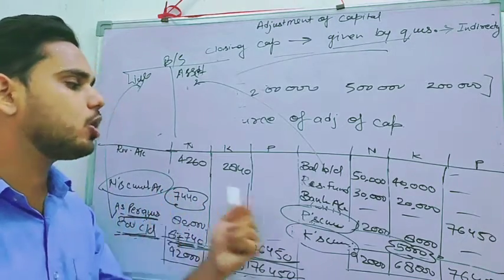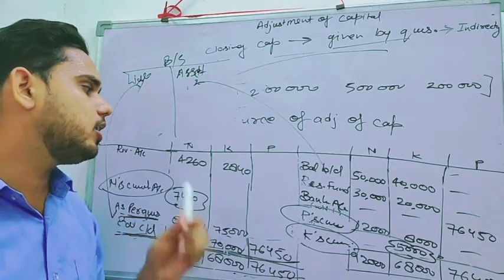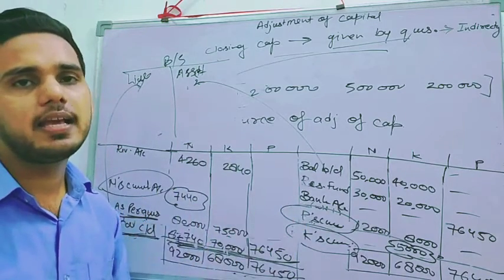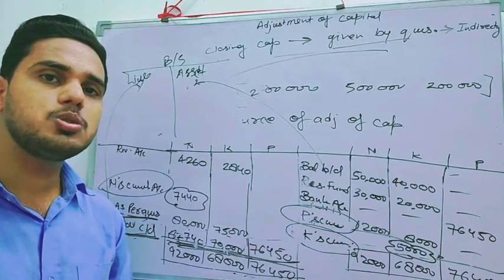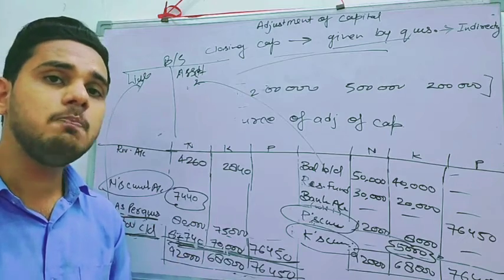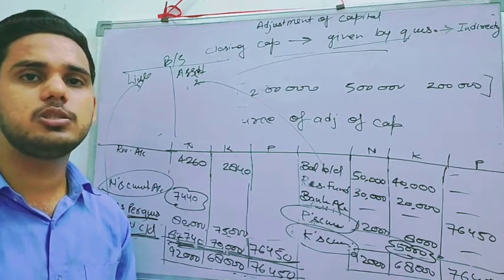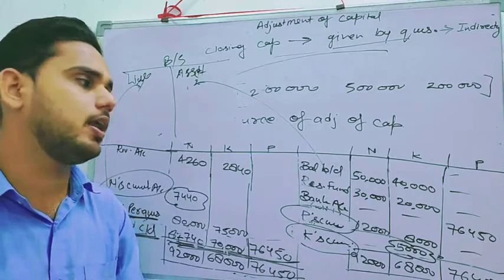We will write to cash or by cash. If we are adjusting that with the help of current account, we will write to current account or by current account. Right? If nothing is asked in the question whether it should be adjusted through cash account or current account, in that case we will adjust those things with the help of cash account, not with the help of current account.